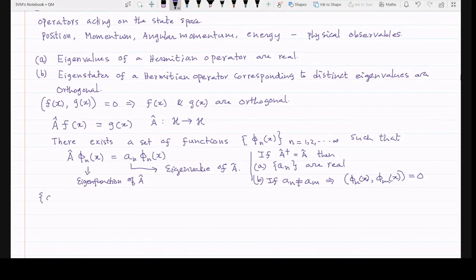This set of eigenvalues a n is also called the spectrum of A. Sometimes people call it eigenspectrum or simply spectrum. Spectrum of A. So let's assume that.